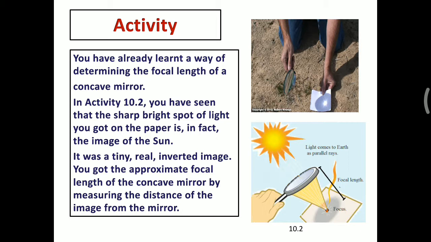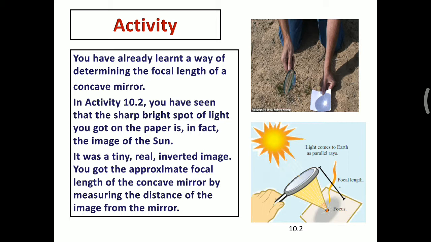Look at this diagram. In the first diagram, the boy holds a concave mirror towards the sunlight. The image was formed on the paper. That image is nothing but the sun's image. And see the second one. The light rays coming to the earth are parallel rays.